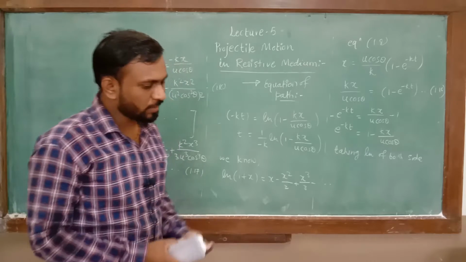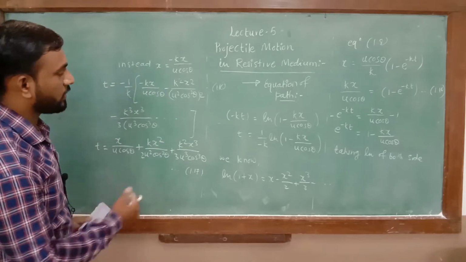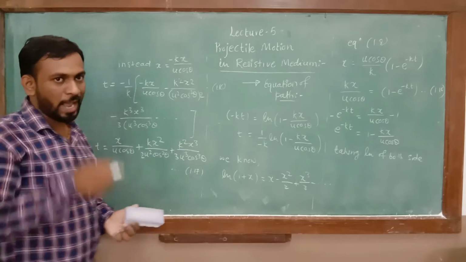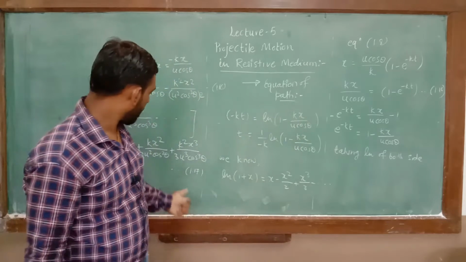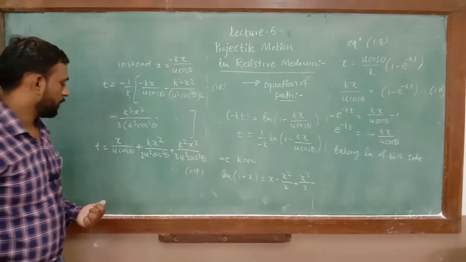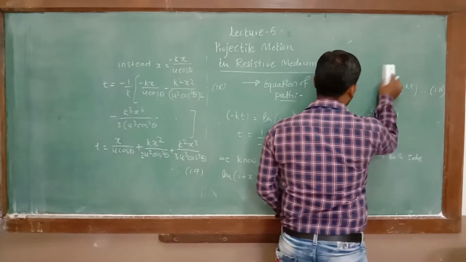So resubstitute these values, equation 17 and equation 16, in equation number 15, which is the equation of y, the equation along the vertical direction. If you know equation 16 and equation 17, we can easily calculate the motion of the particle, or the path of the particle.